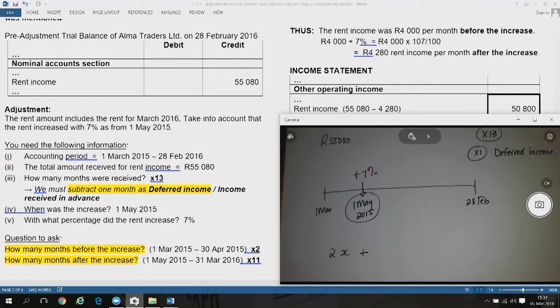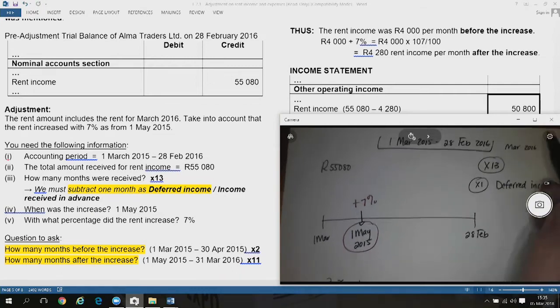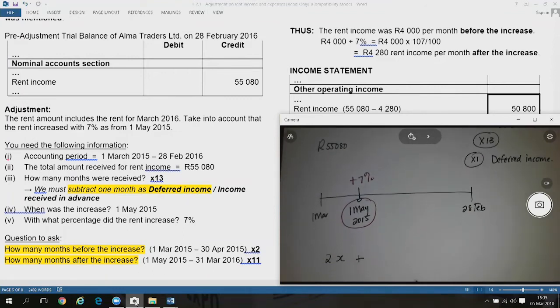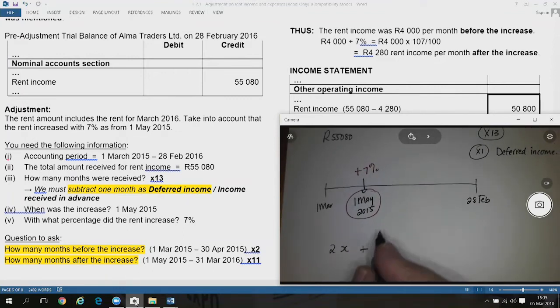Plus, how many months after the increase? May, June, July, August, September, October, November, December, January, February, and March. Remember? And March. So that gives us 11. Okay. The 11 months is at 107% X. Okay, this is a mathematical calculation.